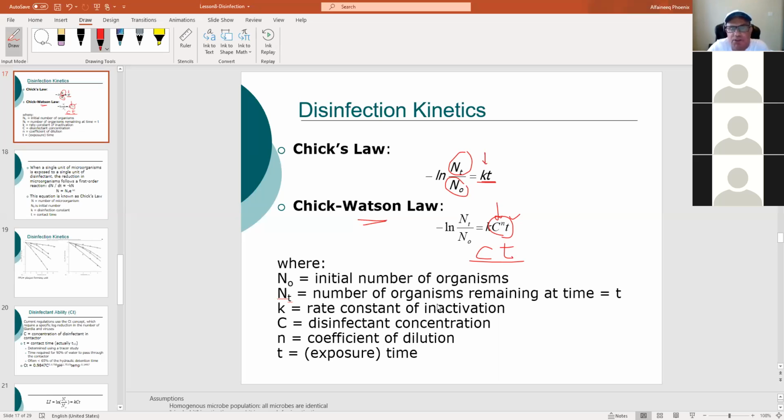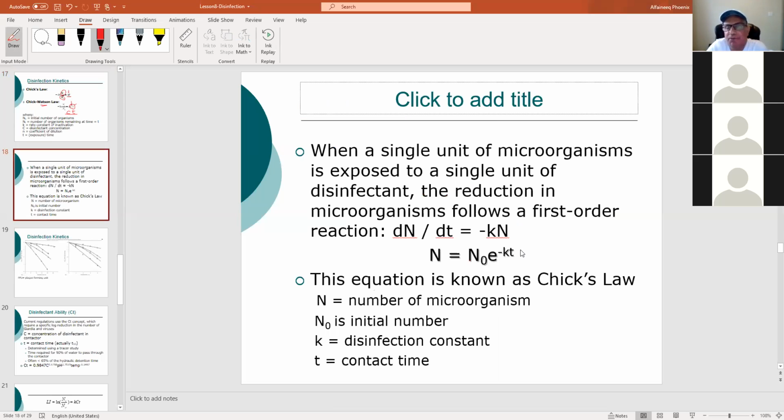These laws actually work as population growth or population decay. Actually, this is negative here, so population decay, negative KT. They assume that you can count them. This is the number of microorganisms in a given sample, for example. This is the death rate.